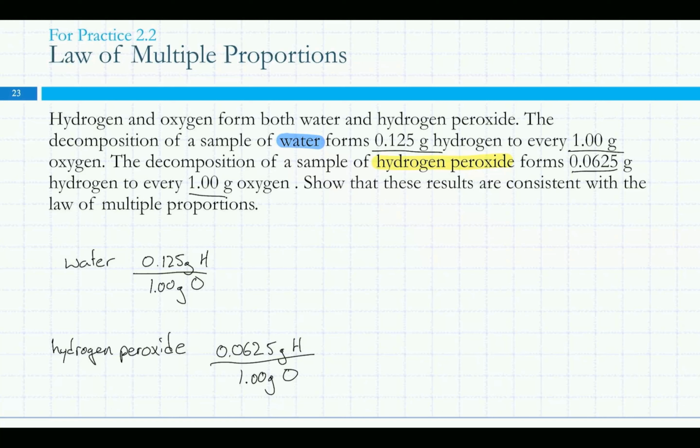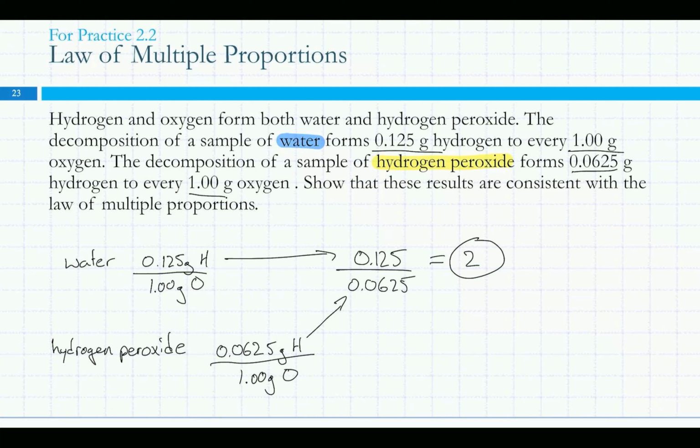So water and hydrogen peroxide, we would take this ratio, and I can simplify this ratio because we really only need the part that's not 1, which is the 0.125. So for water, 0.125 divided by 0.0625, right, that one there, this one here. And so if you do that, this should equal 2 exactly.